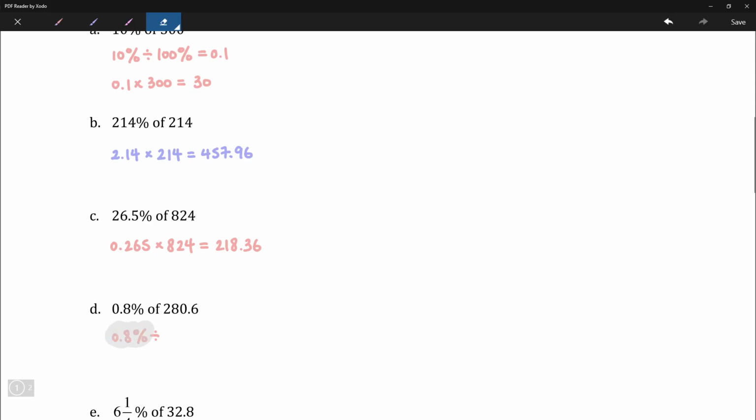So we have 0.8% divided by 100% to get the decimal form, which is going to be 0.008. And then we're going to take that number and multiply it by, in this case, 200.6. And we'll get 2.2448.